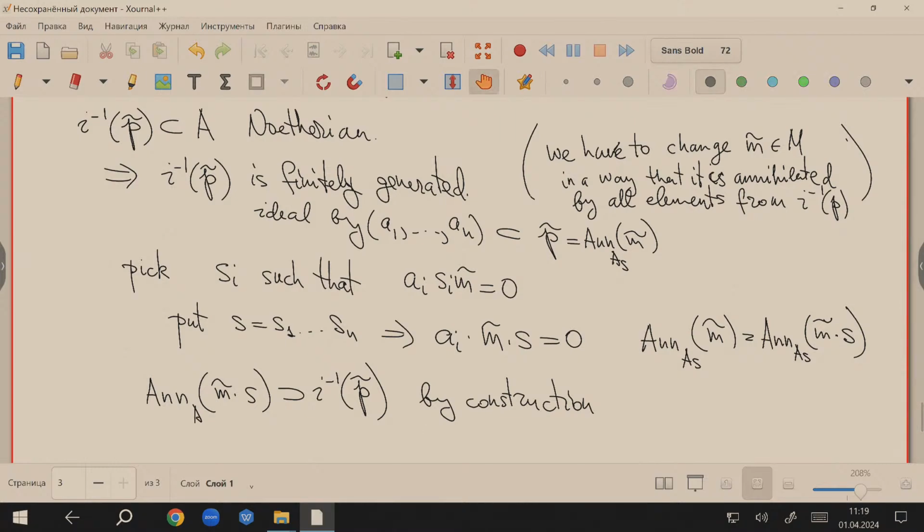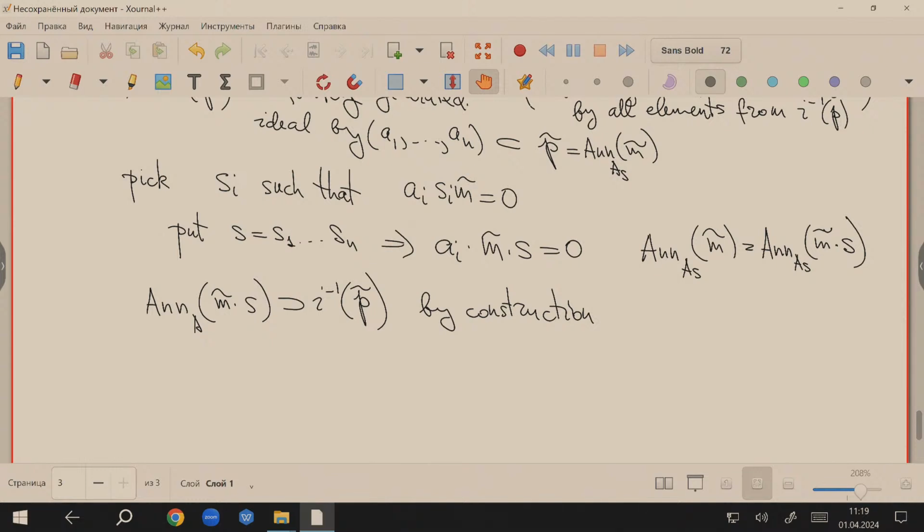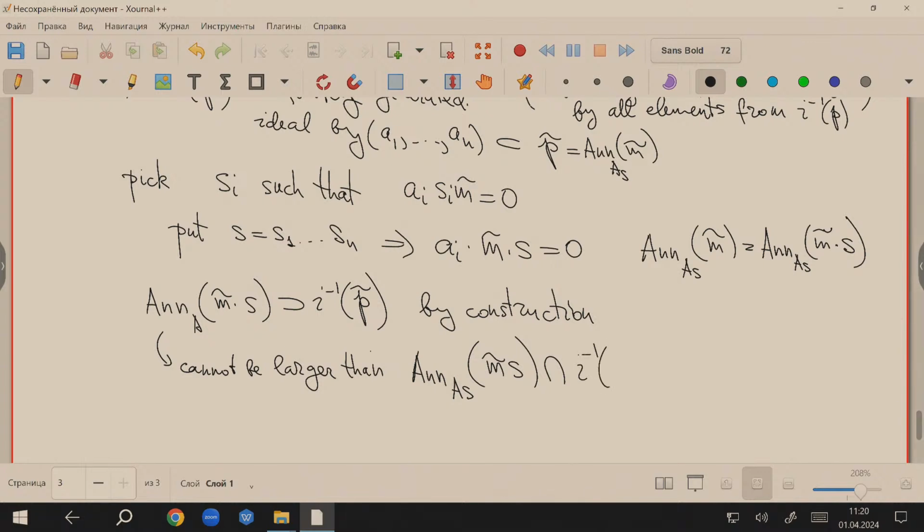But notice that it contains, but it cannot be larger than the annihilator in A_S of M_S intersected with the preimage. You can think of the elements of A and consider S as an A-module.